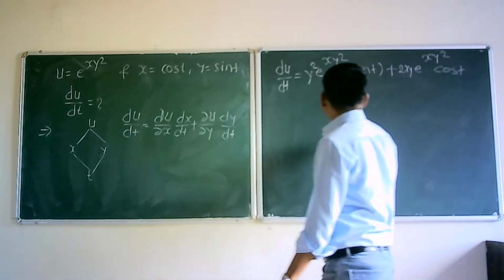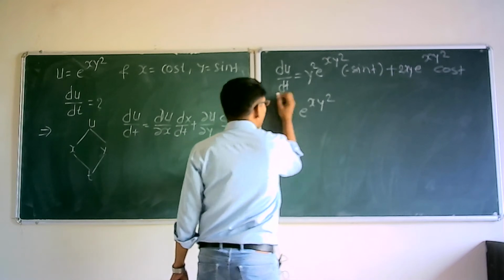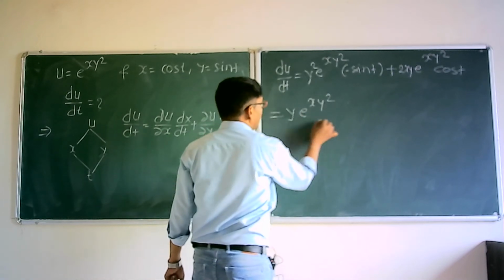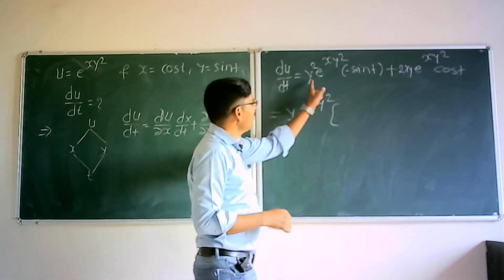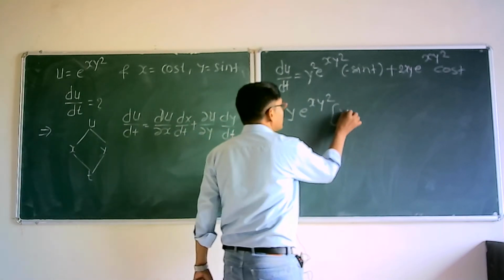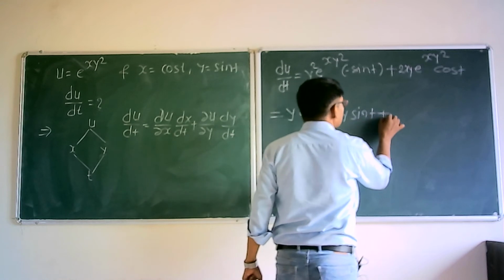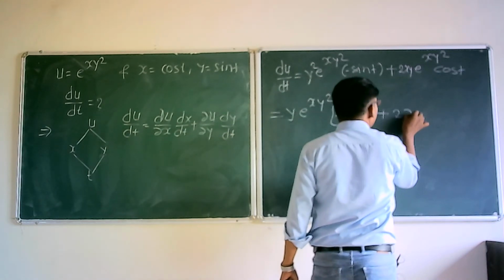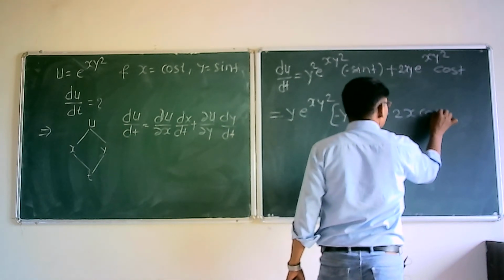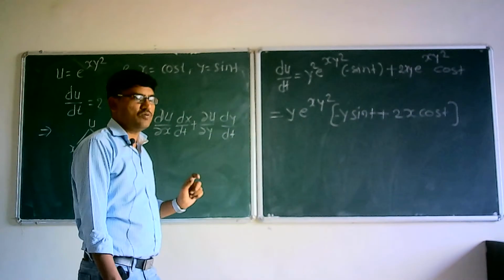So if you simplify this, take e raised to xy square outside, and also take one y outside. Inside the bracket, y is left times minus sin t plus twice x cos t.